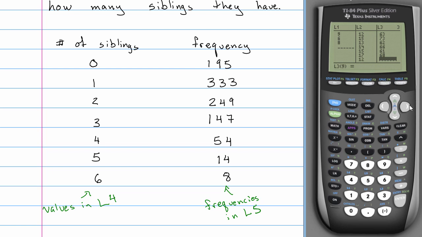So in L4, we enter the value 0 siblings, and then in L5, we enter the frequency 195. Back to L4, we enter the value 1, and then in L5, we enter the frequency 333.